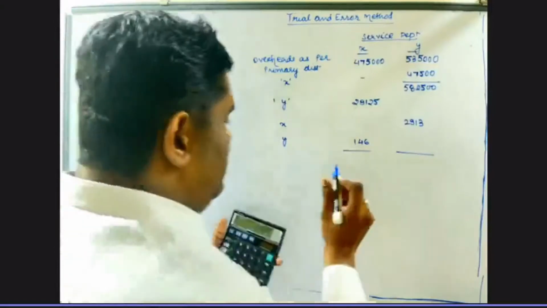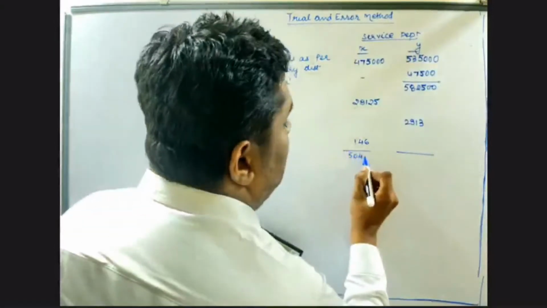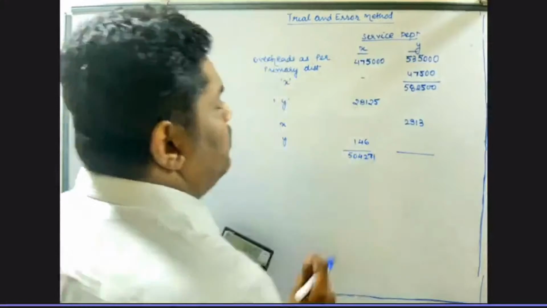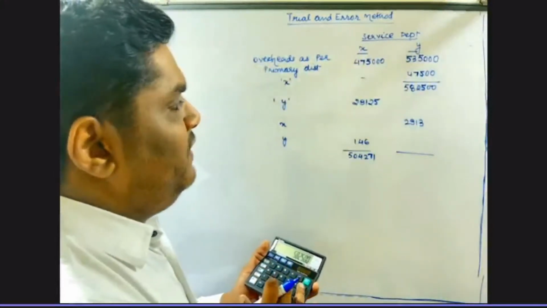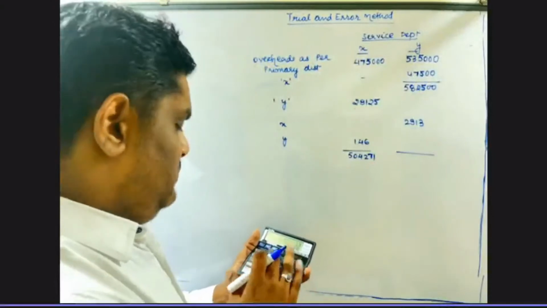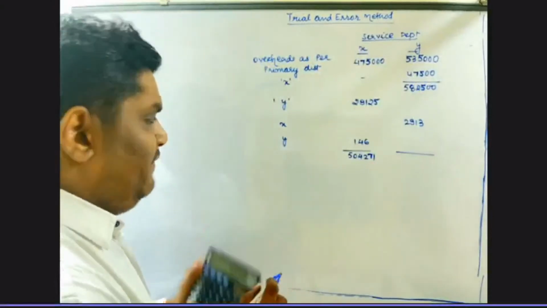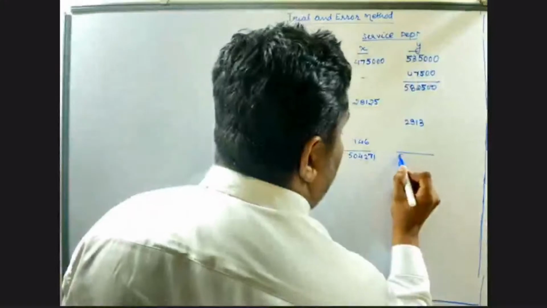So total overheads will be 4,75,000 plus 29,125 plus 146, that is 504,271. These are the total overheads of X, and for Y it is 582,500 plus 2,913, so 585,413.